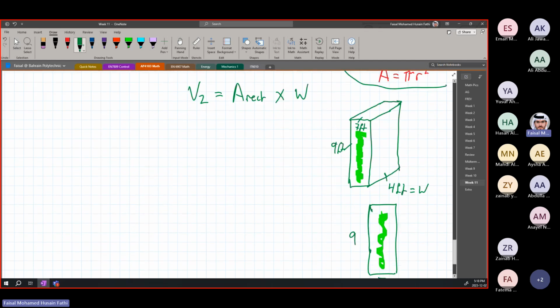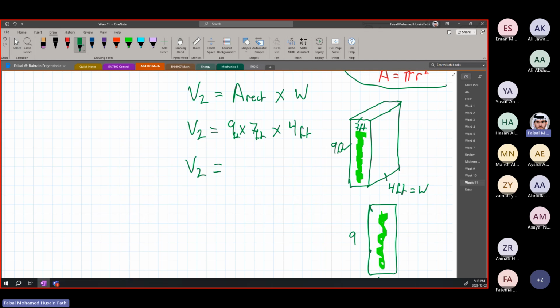So substitute everything back in. V2 is equal to the area, 9 times 7 feet, times 4 feet. V2 is going to be equal to 9 times 7 times 4, 252 feet cubed. And we're done.